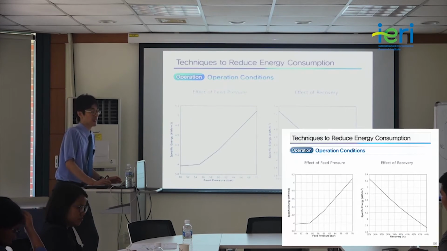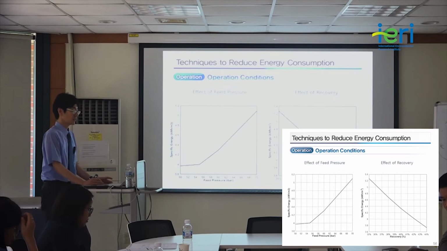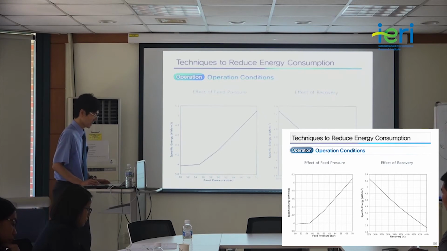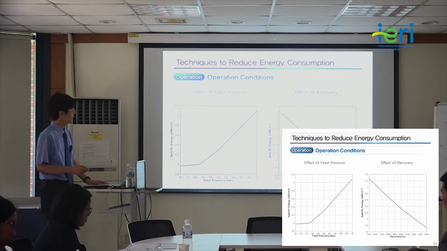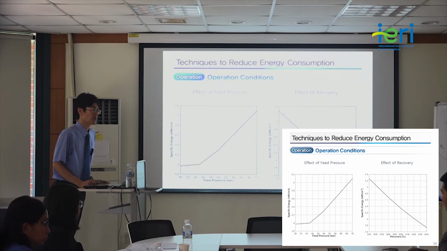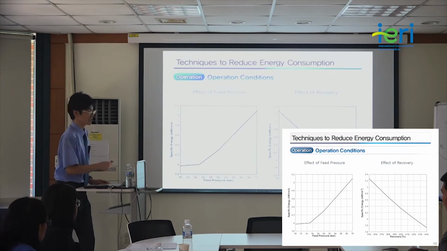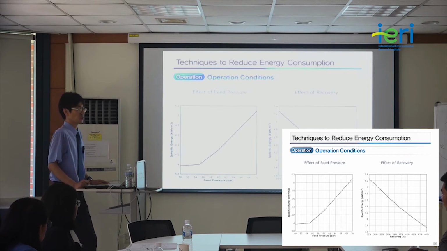And even if you have the same system, by changing the operating conditions, the specific energy consumption may change. In this case, there are two important operating parameters shown in this calculation. The first operating parameter is the applied pressure.